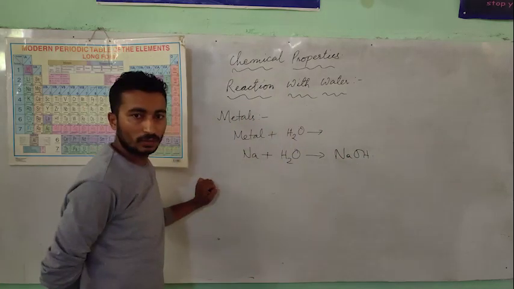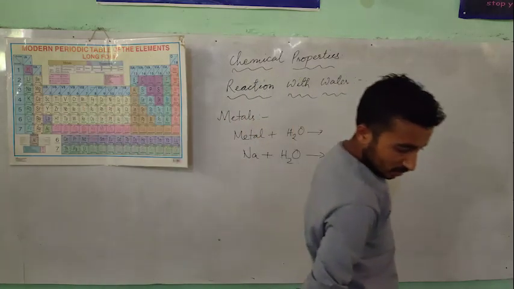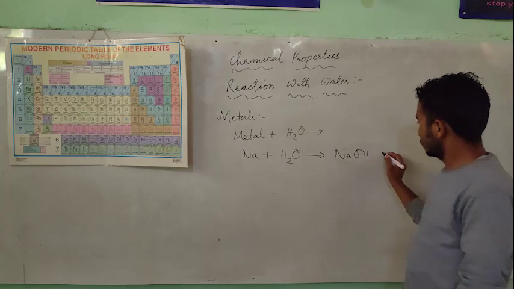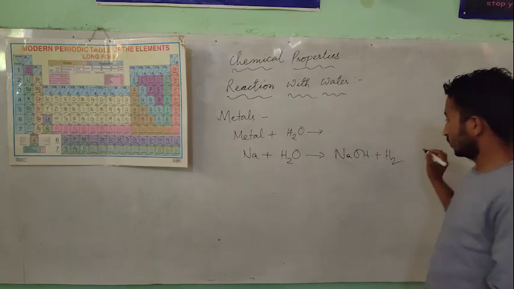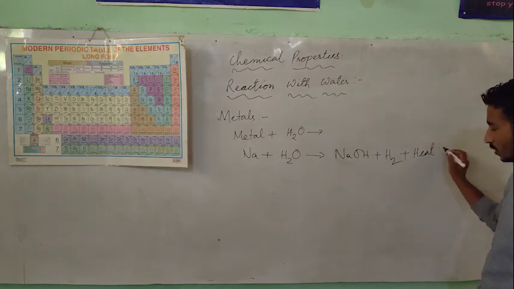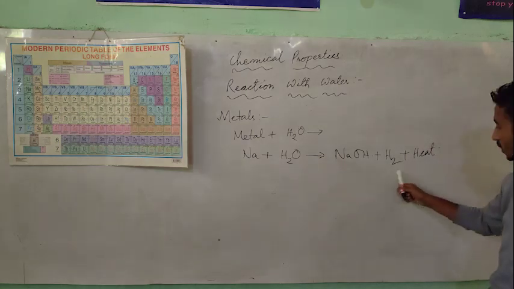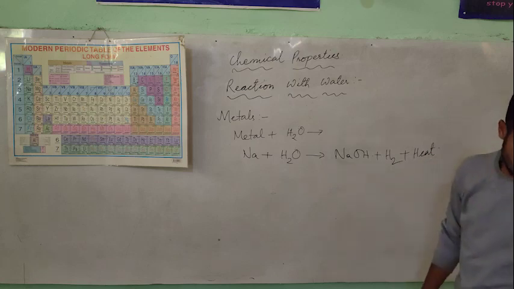This process gives off hydrogen and there is a release of heat. So sodium reacts with water to form sodium hydroxide, hydrogen gas, and it produces a large amount of heat.